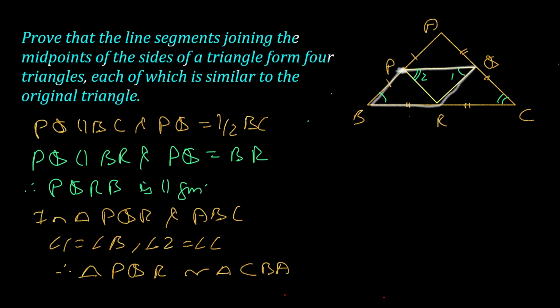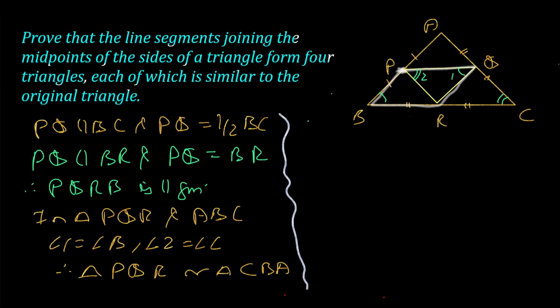So we proved one, but we have more to do. Now for proving the other triangles similar, what I'm going to use is number 1. Can we say this angle is equal to this angle as the lines are parallel? So we can say that their corresponding angles should be equal. Right.